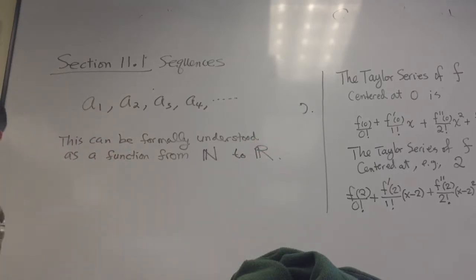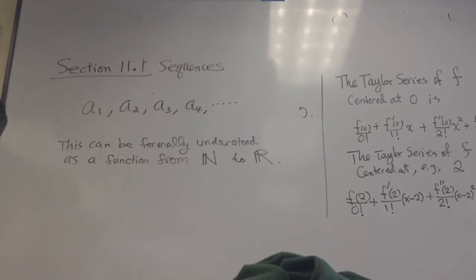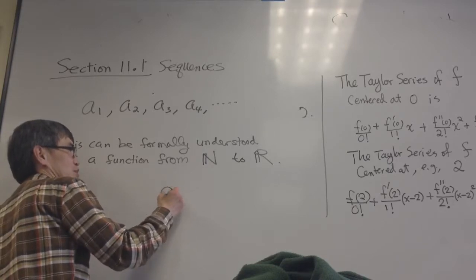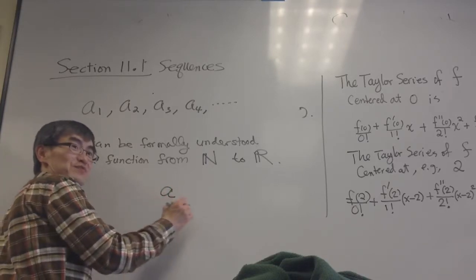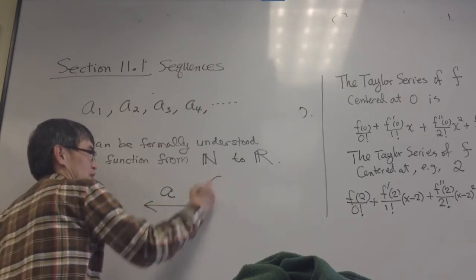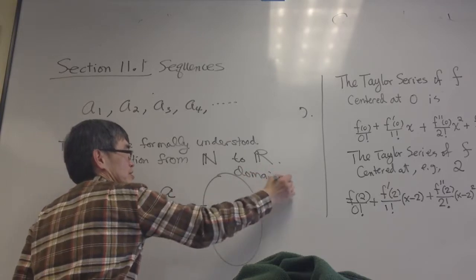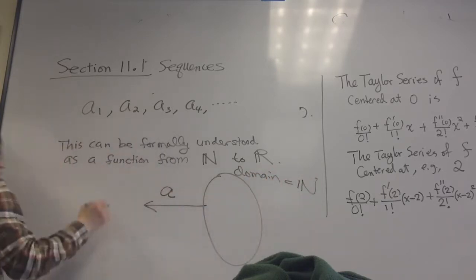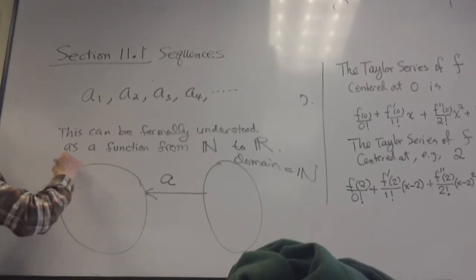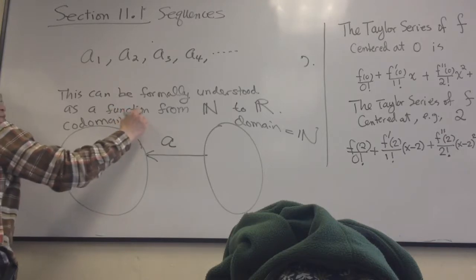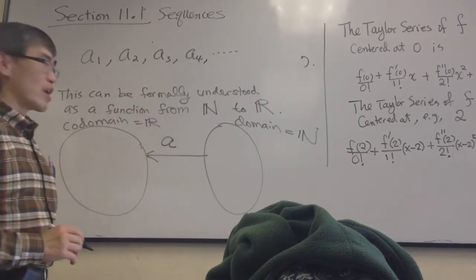What is a function? A function comes with a domain and a codomain, right? If you call this A, it is a function, and the domain is equal to N, and then the target space, also called the codomain, which in this case is R. And what is a function?